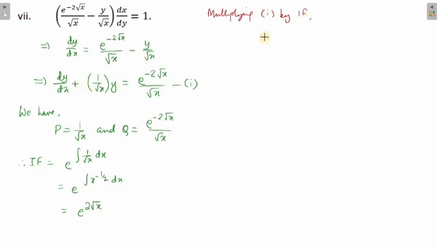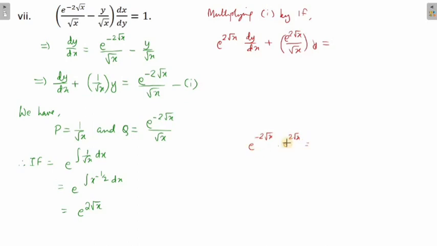So you get e to the power 2 root x dy by dx plus e to the power 2 root x by root x into y is equal to, you have, e to the power 2 root x into e to the power minus 2 root x by root x.